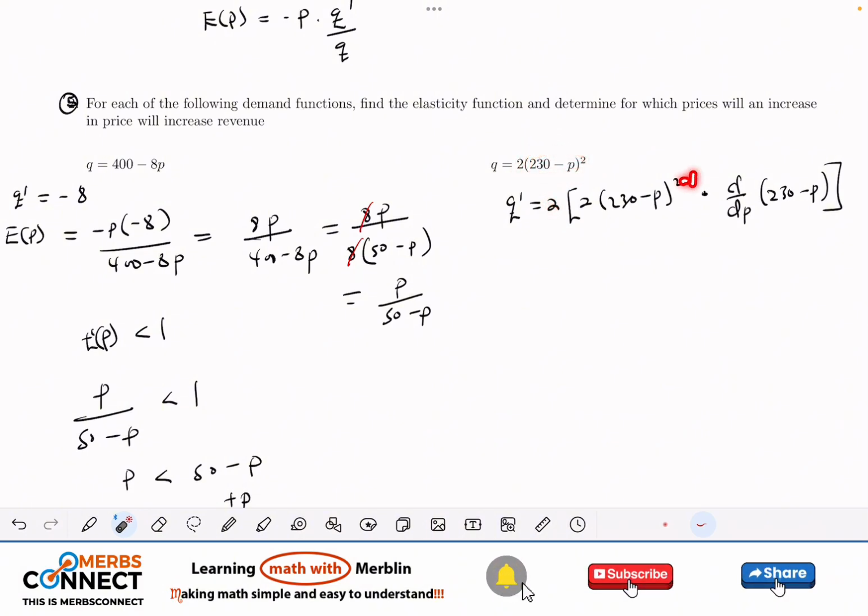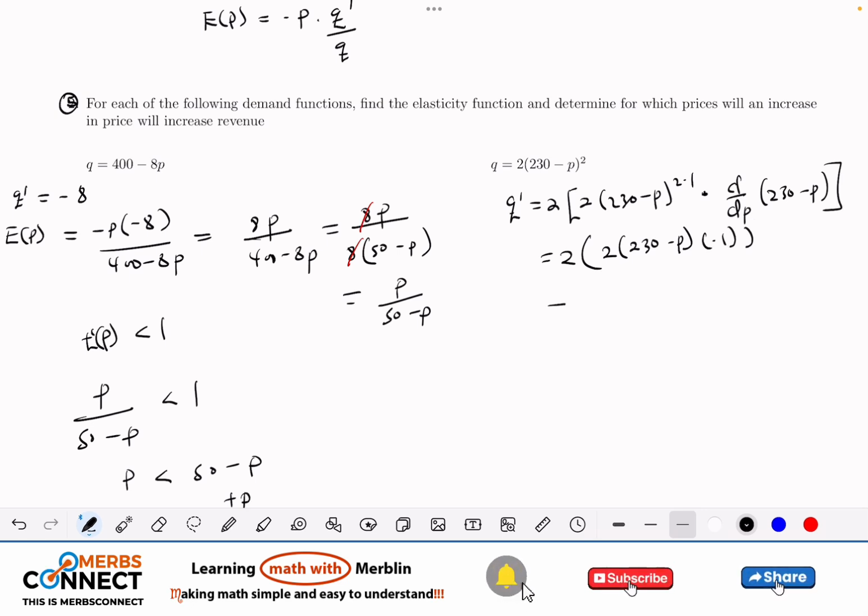And I subtract 1 times, I find the derivative with respect to P of the one inside. So I'm going to have 2 times 230 minus P, 2 minus 1 is 1, and when I differentiate this one I get minus 1.